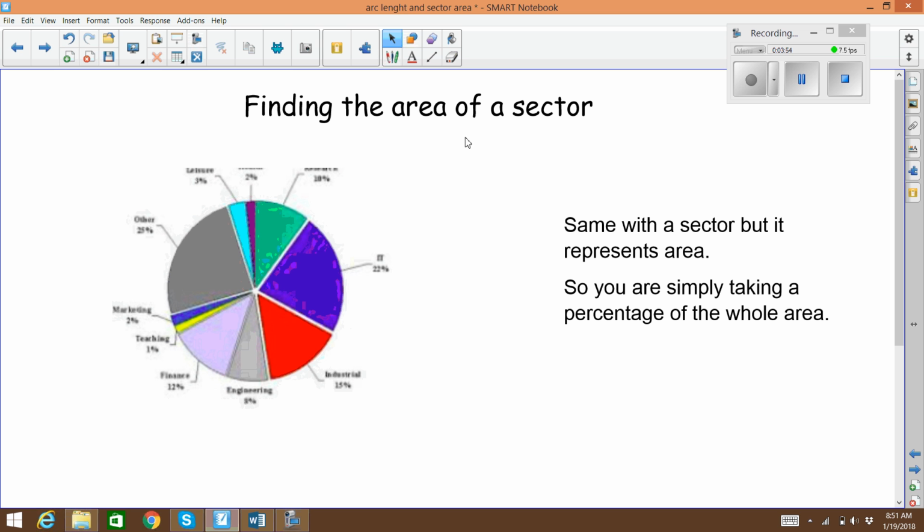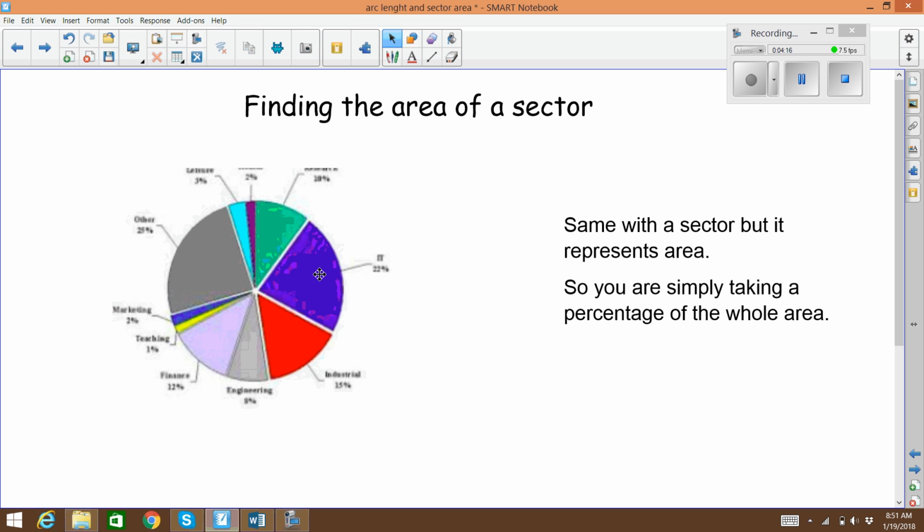Finding the area of a sector is exactly the same thing, but instead of comparing the percentage of the circle to the circumference, you compare the percentage of the circle to the area, because a sector is like a piece of pie. So it's an area as opposed to just a length along the side.